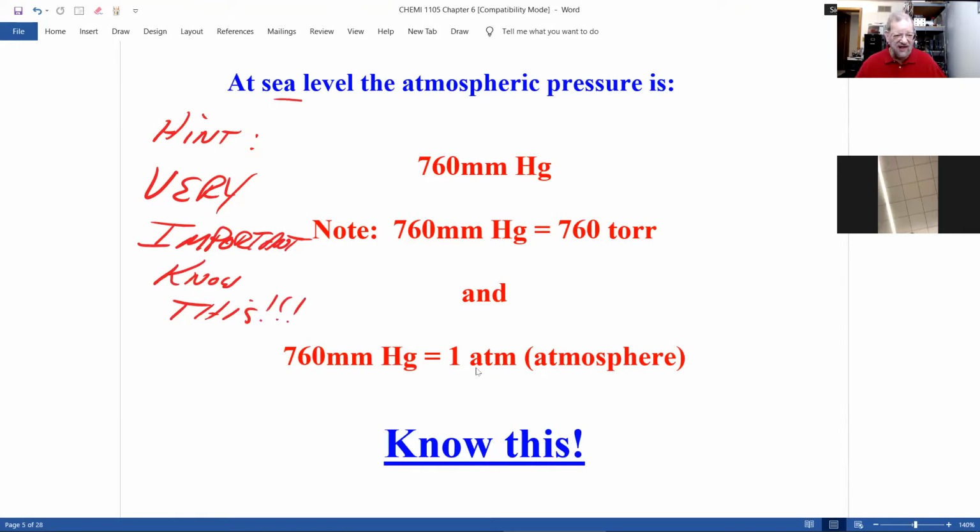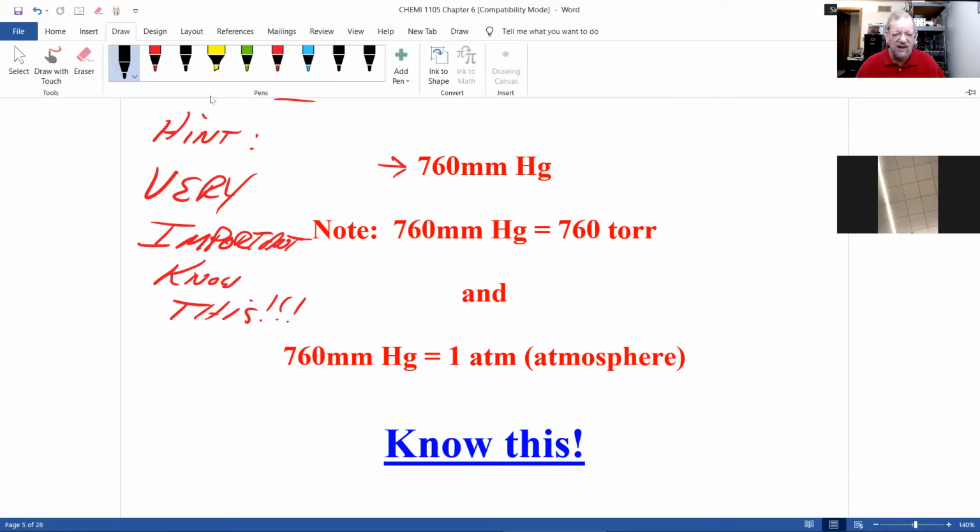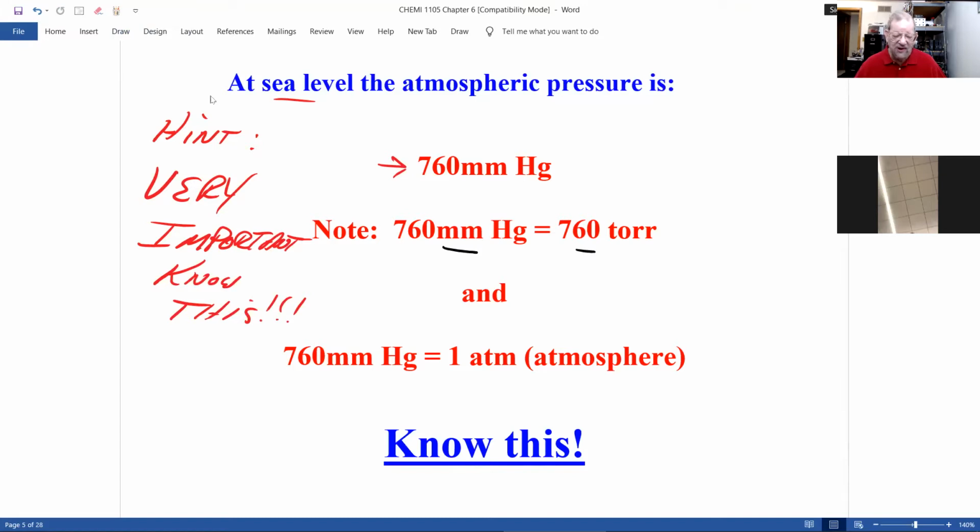At sea level, and Chicago is essentially sea level, when there's no storms coming through, atmospheric pressure is defined as 760 millimeters of mercury. And since 1 torr equals 1 millimeter of mercury, we know 760 millimeters of mercury equals 760 torr.